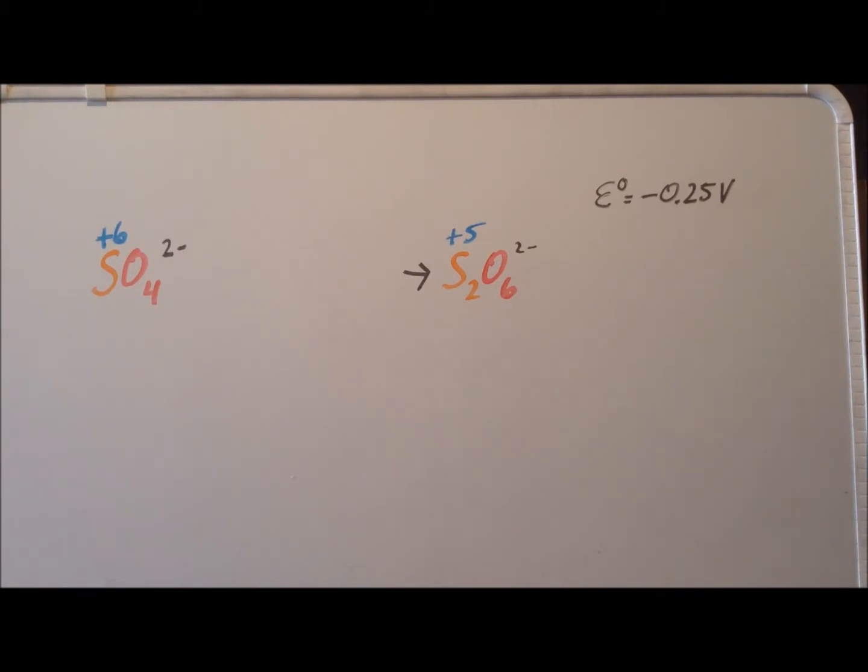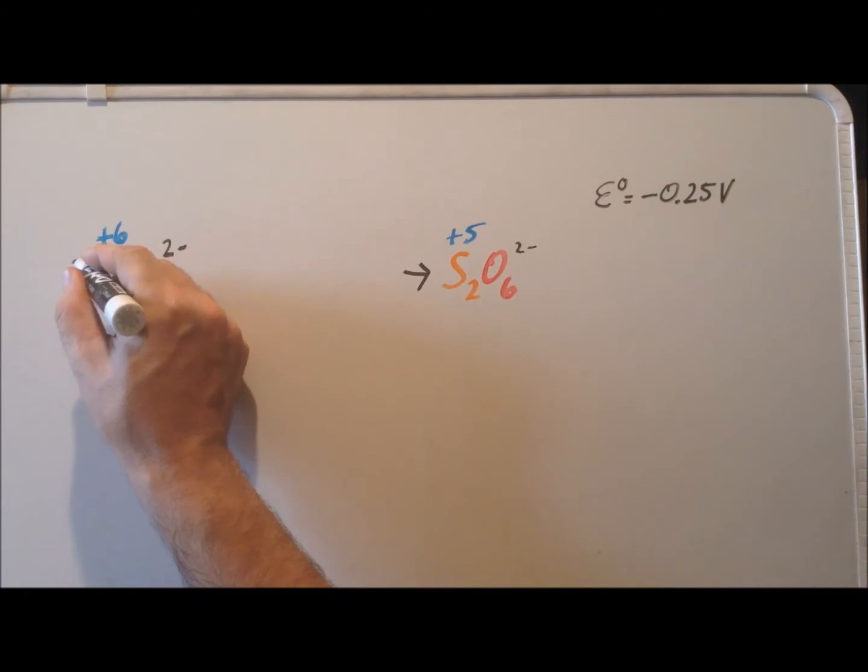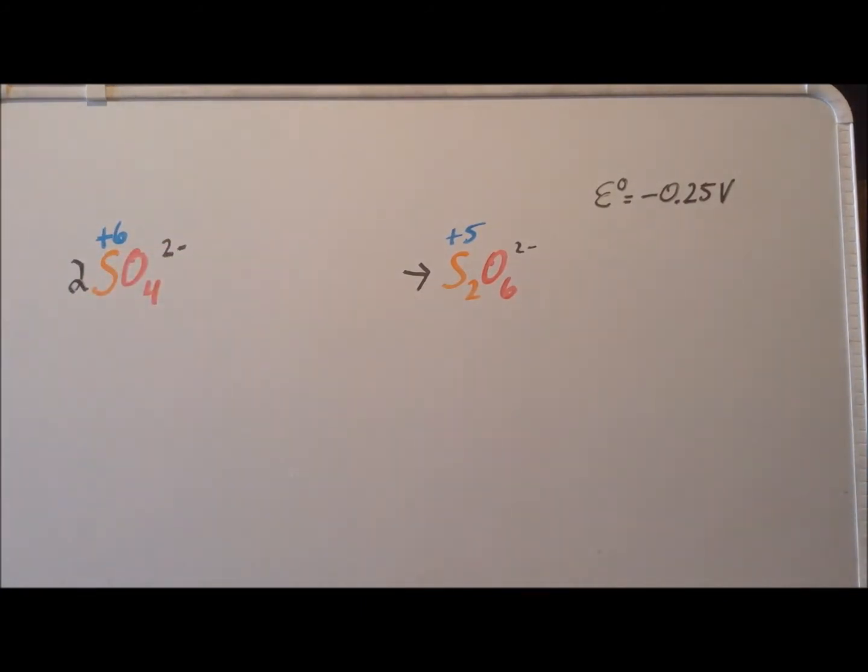So when we balance the reaction, we need to put a coefficient of 2 in front of the sulfate. Remember, when we're balancing equations, we can't change the identities of our particular ions, but we can change the coefficients in front of them. So this gives us 2 sulfur atoms on the left-hand side and 2 sulfur atoms on the right-hand side.